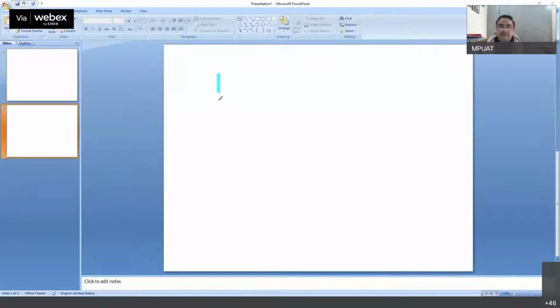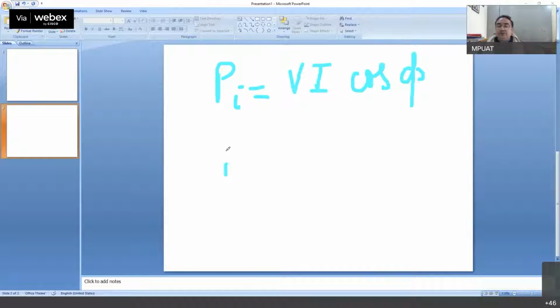Now you know what power is. Power in general in a DC circuit is V into I. In a single phase AC circuit, P is V I cos phi. Let this be P input.